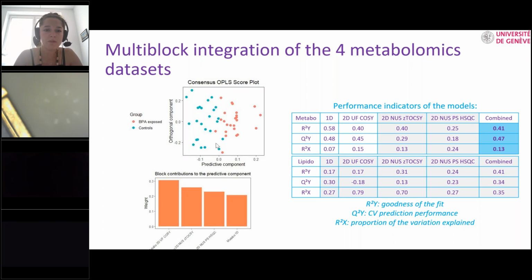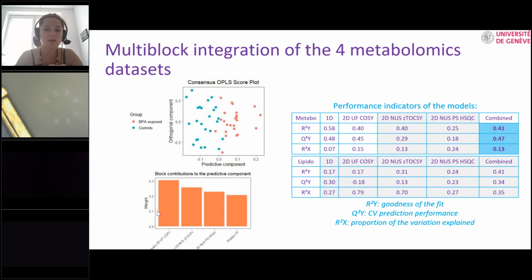And if we look at the different blocks that have been used for this model and how they participate in this discrimination between the samples, we can see that it's actually the 3 2D datasets that are participating and capturing the most variability between the samples.